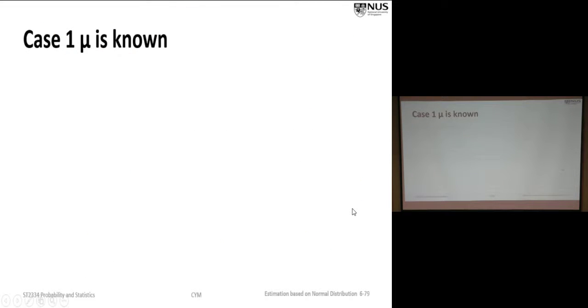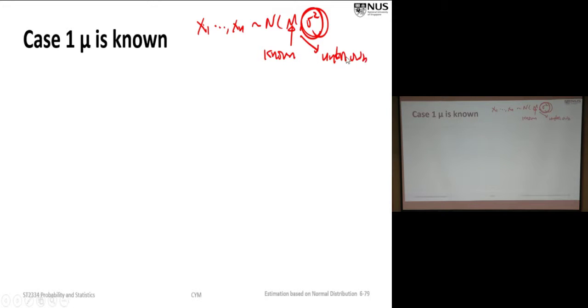Next we want to find a confidence interval. As usual, the population follows normal mu, sigma square. So we are looking at this mu. There are two possibilities, whether mu is known or unknown. First of all, we look at mu known.